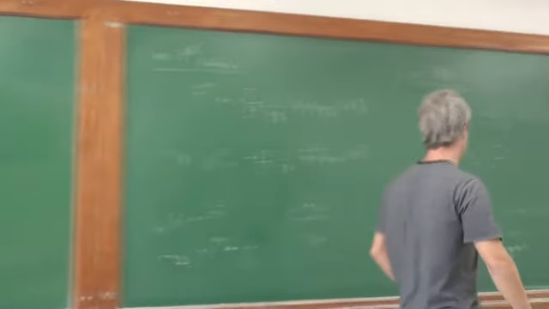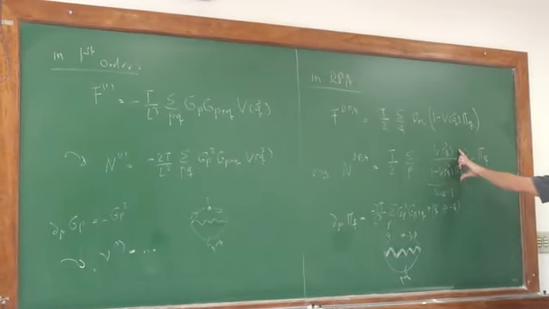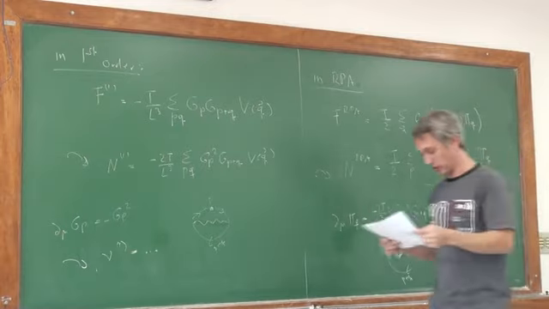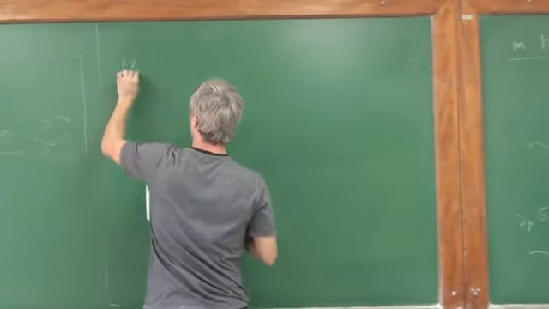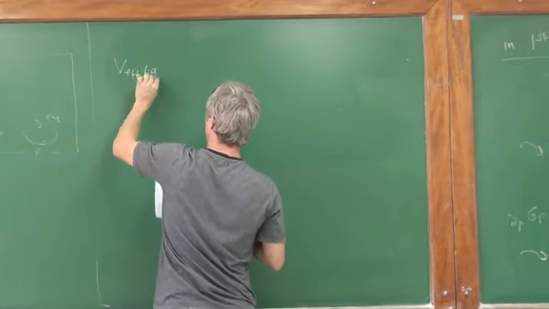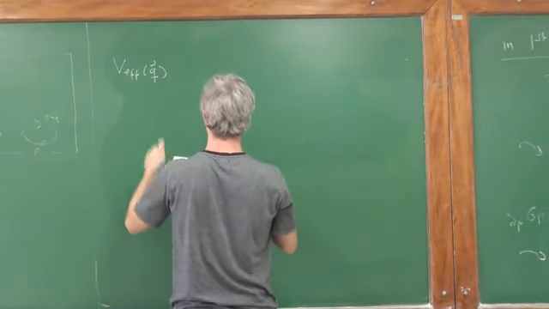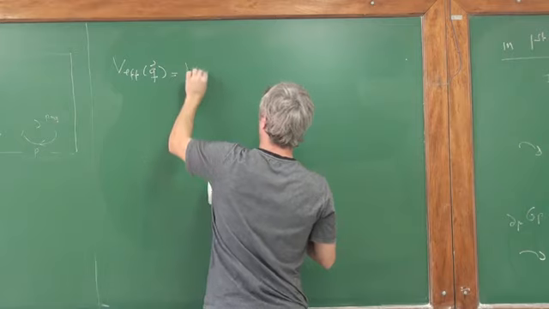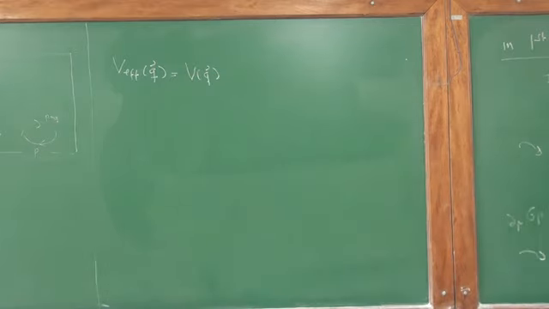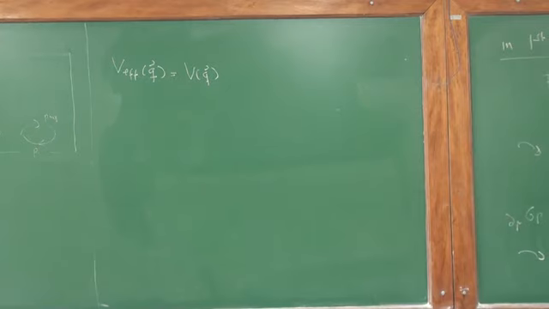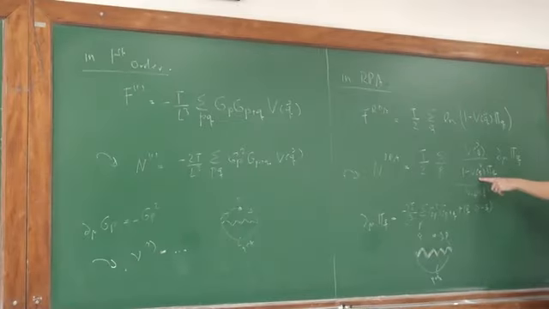This effective potential is described by this expression here. So let's see how we can understand this effective potential. Well, if we like, we can just expand this, let's say here in the potential, and get some infinite series.